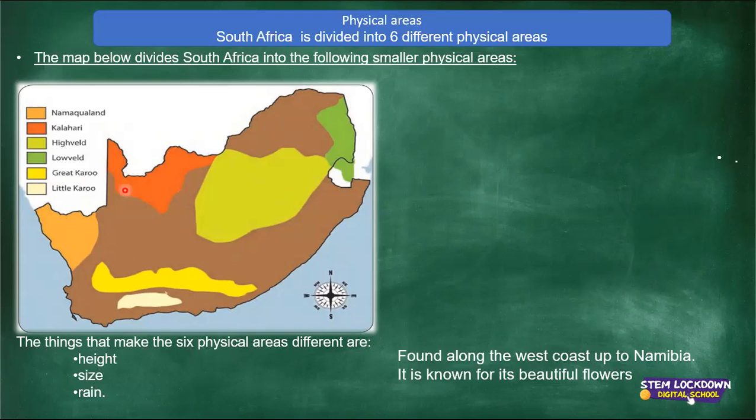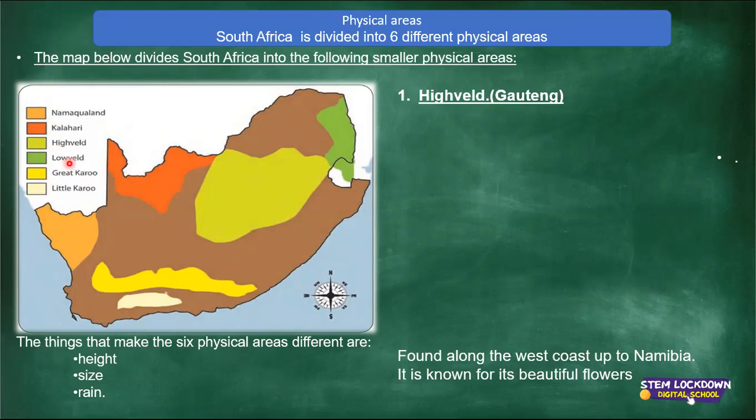So let's move. Number 1, we have the High Veld. When we look in the map, we come to the keys and then we look for the High Veld. The High Veld is this one, and it is lime in color.